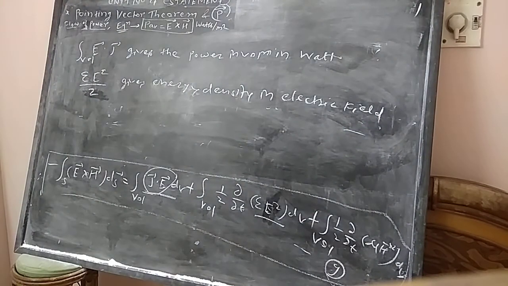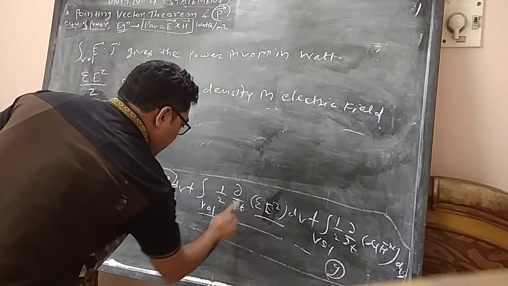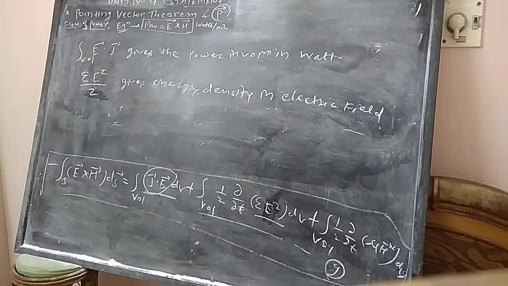So the volume integration of 1 by 2 del t in bracket epsilon E square into dv gives the instantaneous rate of increase of energy stored in the electric field of the wave.